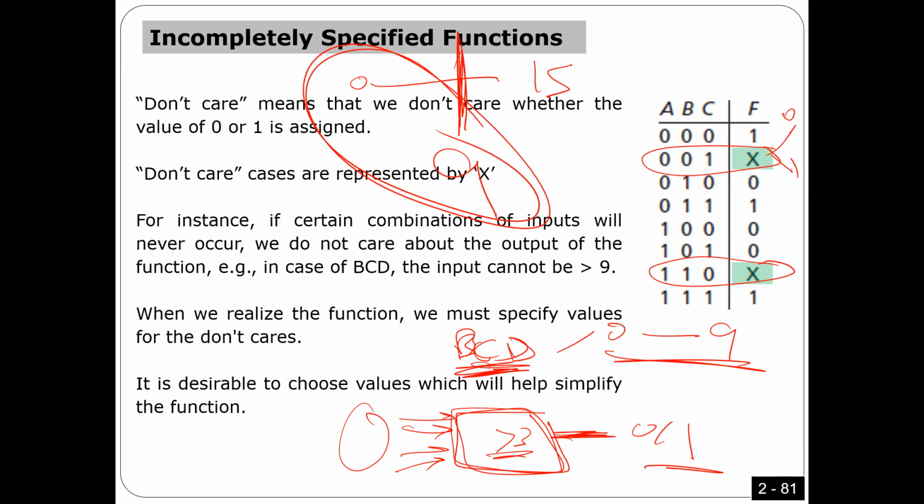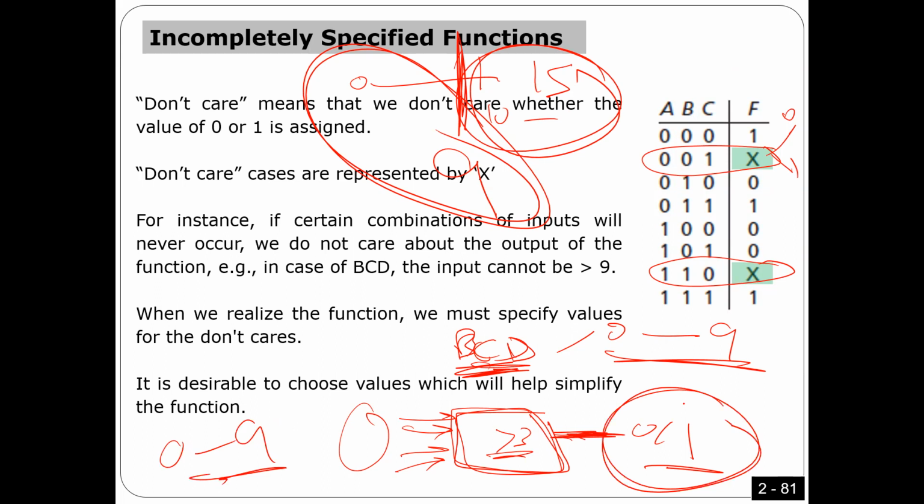So let me ask you a question. What if the input is from 10 to 15? If the input is from 0 to 9, the output should tell me if it is greater than 3 or not. That's why here I put 1s and 0s. But if it is from 10 to 15, what should be the output? Don't care, because this input should not happen.